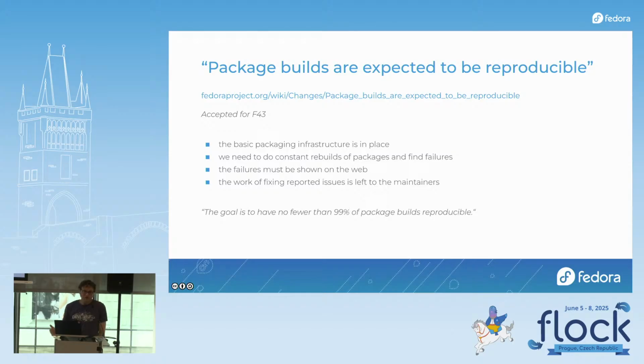And to actually make this like this 99% or 100% level, we need to get individual maintainers involved, and to do this, we need to build tooling to make it easy to, well, maybe not easy, but at least not that hard as it is right now to do this.